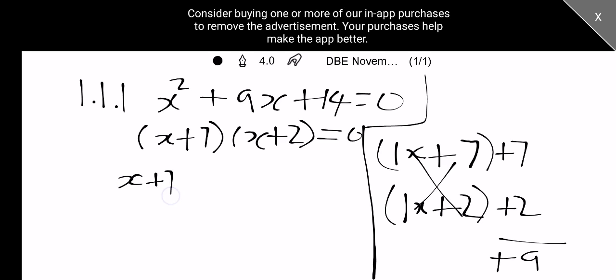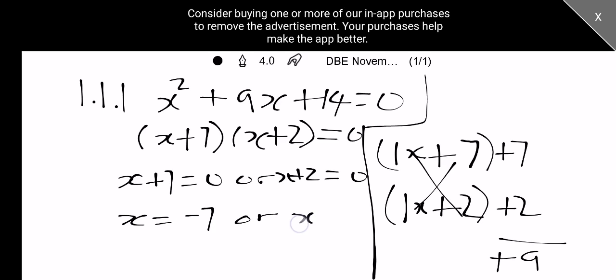So x plus 7 equals 0, or x plus 2 equals 0. x equals negative 7, or x equals negative 2. Those are our two answers.